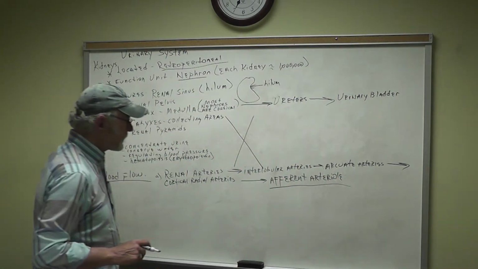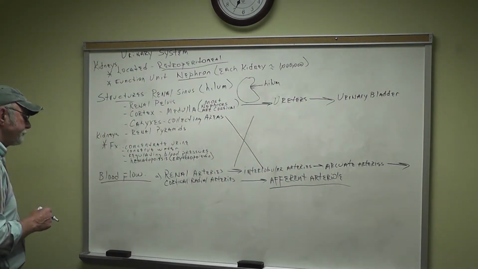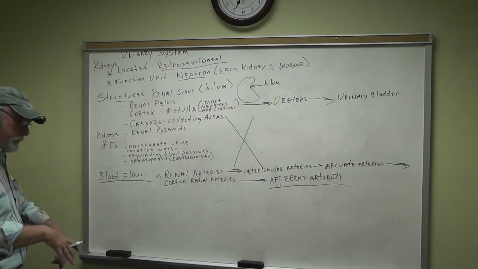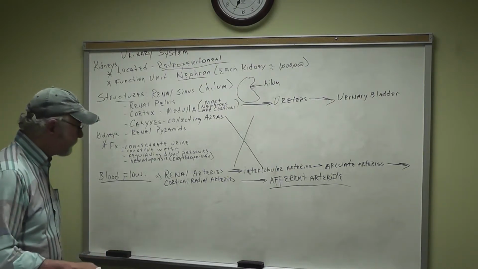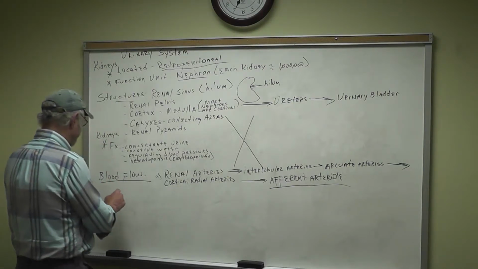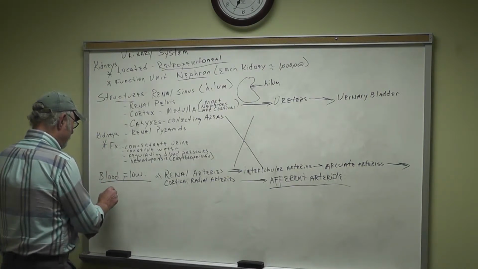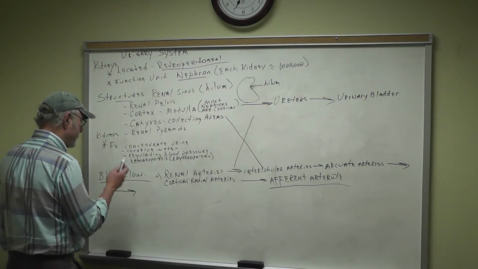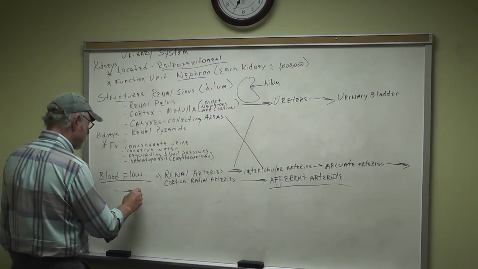All right, and this is where we actually start to begin the process of urine formation. Okay, so from the afferent arterioles, we move into a structure called the glomerulus.